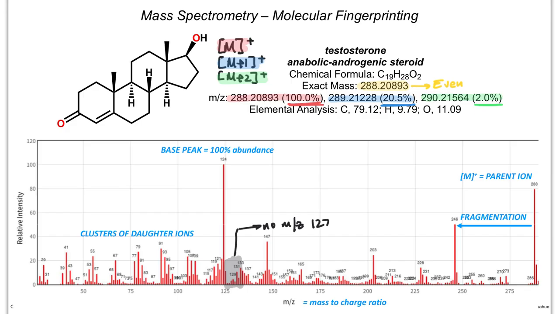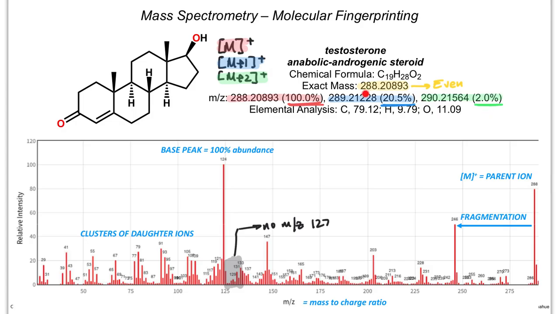Again, that's telling you the abundance of how much that ion is produced. Notice it's only 2%. It's not 100% and 100%, or 100% and 30%. That percent right there tells us that chlorine and bromine cannot be present because that ratio would then be different.